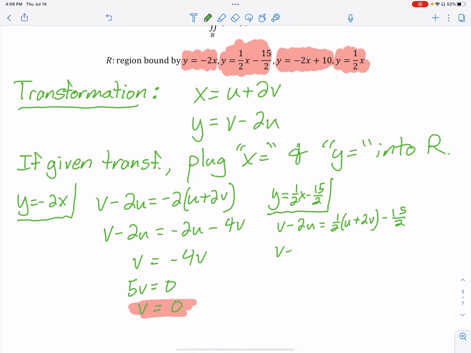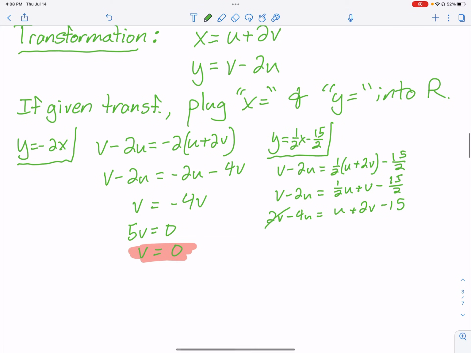So I get v minus 2u equals 1/2 u plus v minus 15 over 2. I'm going to multiply everything by 2 to make our lives easier: 2v minus 4u equals u plus 2v minus 15. Notice 2v's on both sides. Those are gone. So I get -5u equals -15, which tells me u is 3. I'm going to highlight that because I'll probably use it.